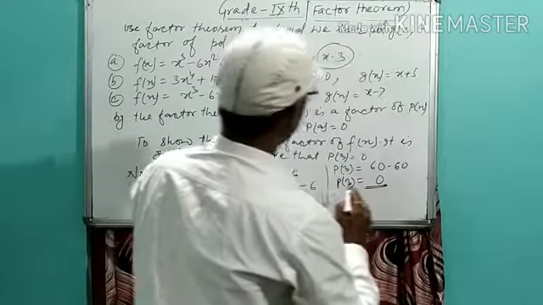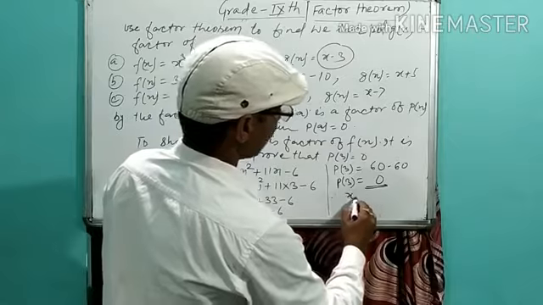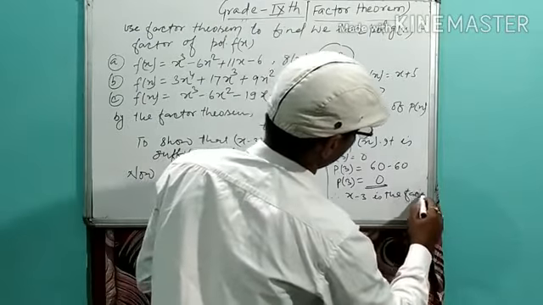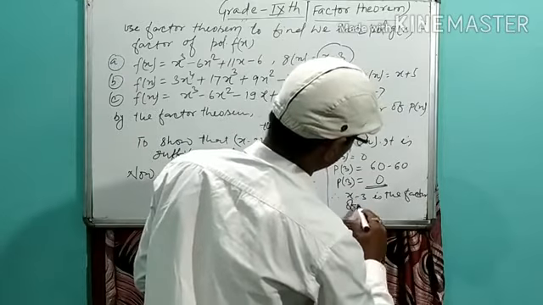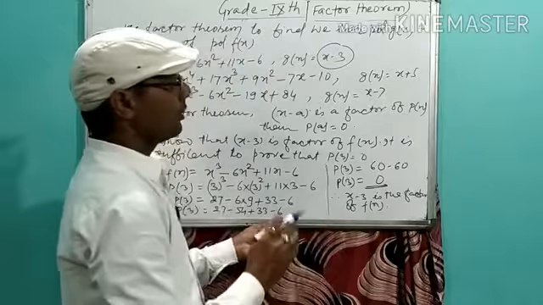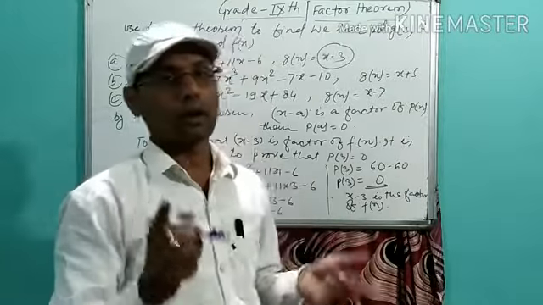What comes? 0. It means, therefore, x minus 3 is a factor of f(x), you can say p(x). In this way, you can understand what the factor theorem is.